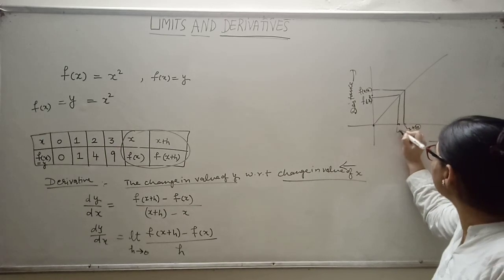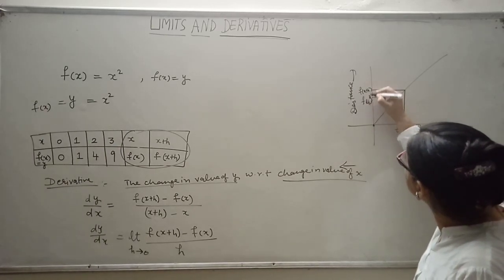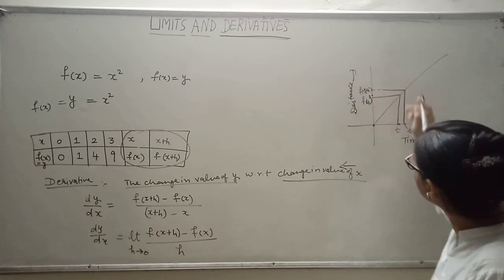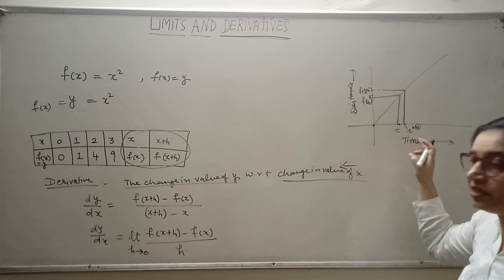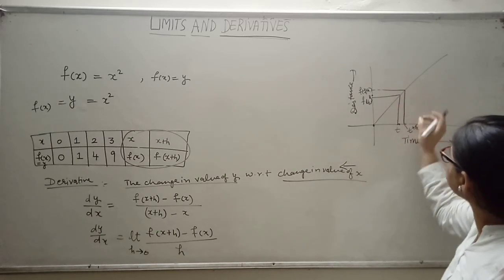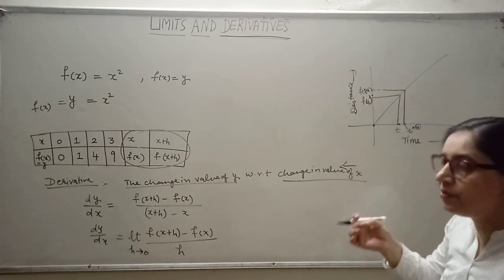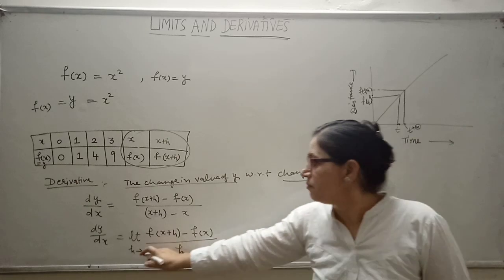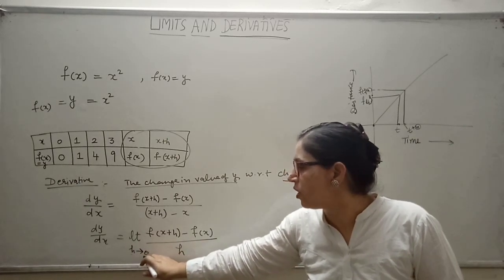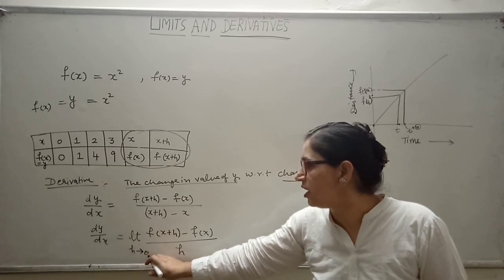This is t, this is t plus h, because here I am taking time and representing time as t. So when the change in time is negligible, this h is approximately equal to 0.